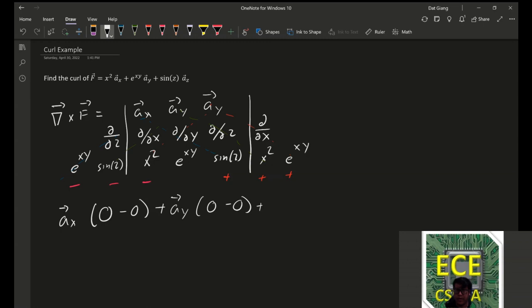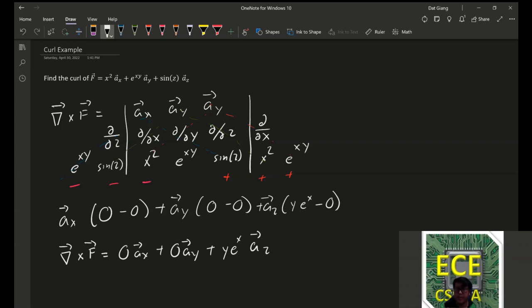So we have az. This becomes y e to the x minus 0. So the curl of this is 0 ax plus 0 ay plus y e to the x az.